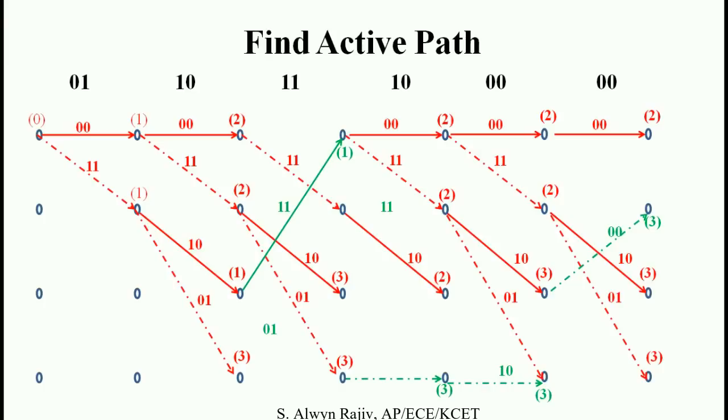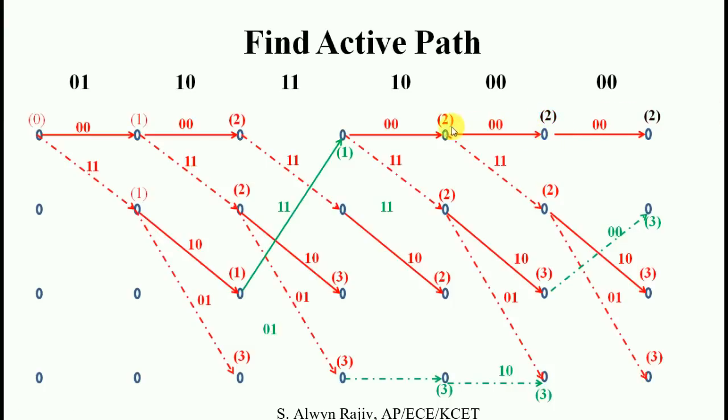Next we are moving to find the active path. Just look at the final node values. Find which one is the minimum value. Here the 2 is the minimum value. Therefore the 2 is the first point. Next, this point is connected to this node. This is the second one.